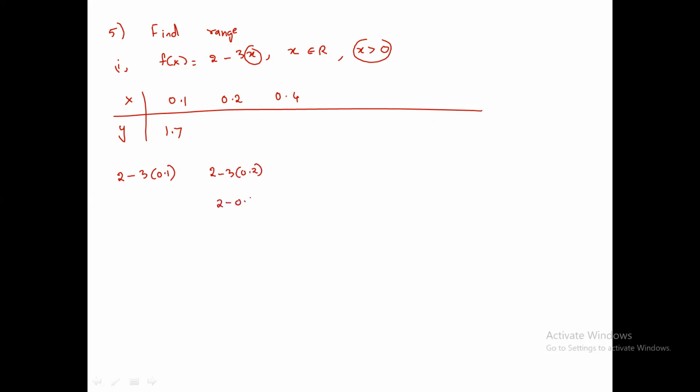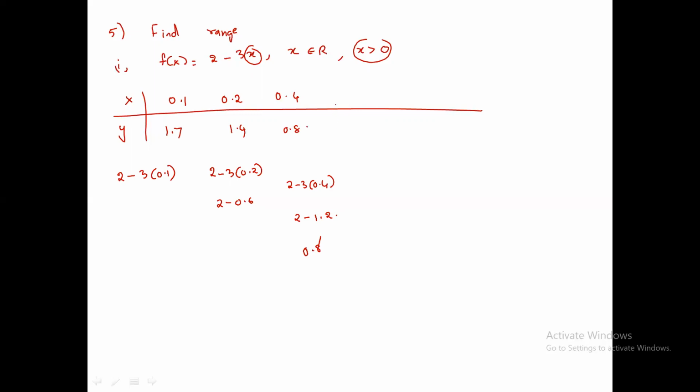That is 2 minus 0.6. That is 1.4. When x is 0.4, what will you get? 2 minus 3 into 0.4. That is 2 minus 1.2. That is 0.8.